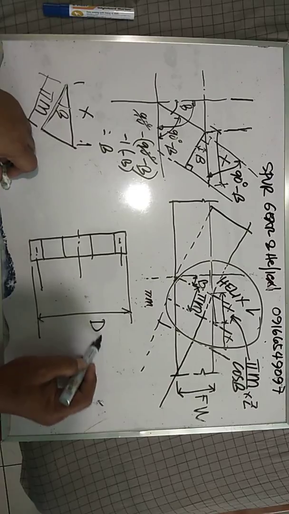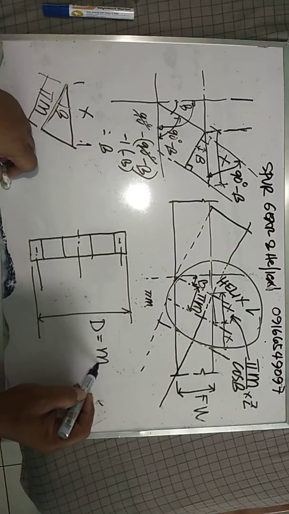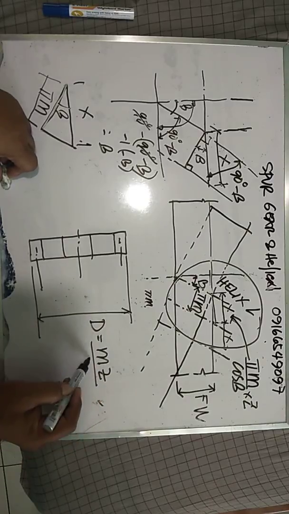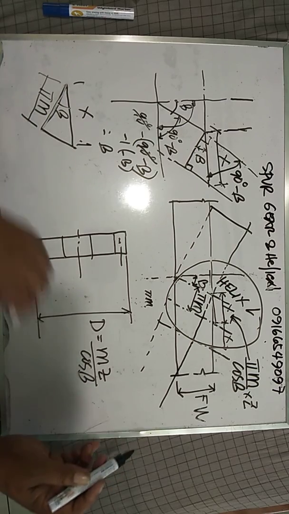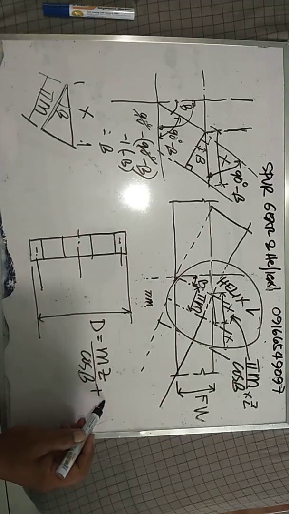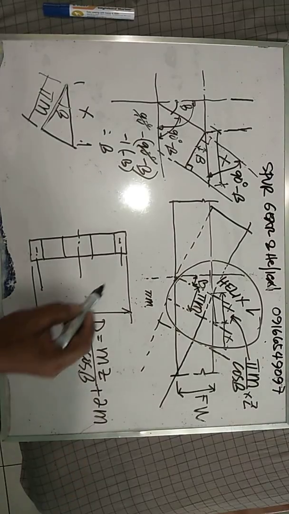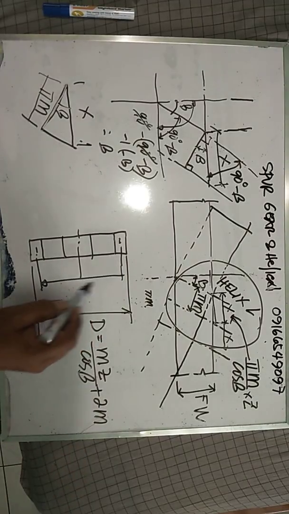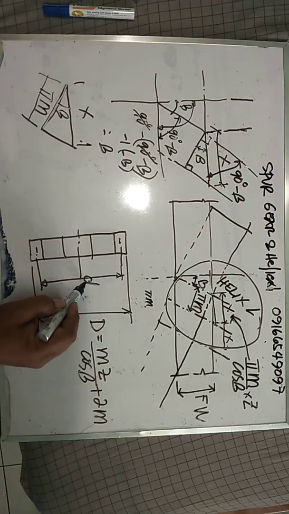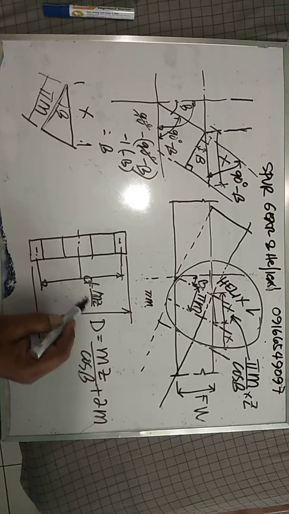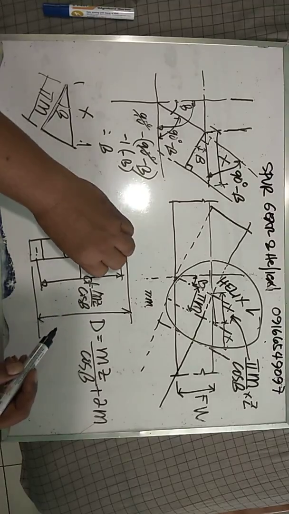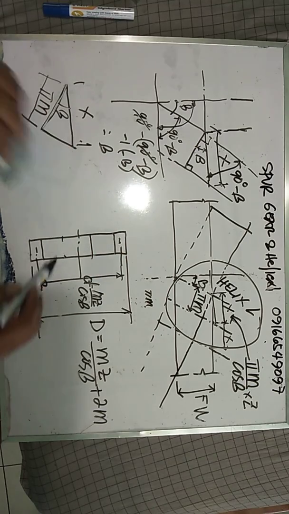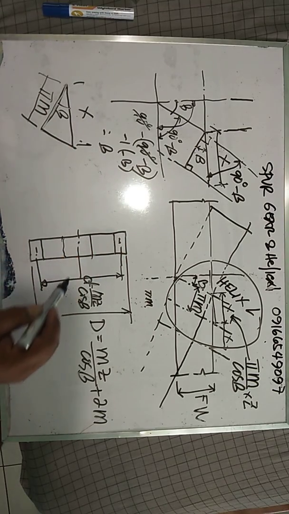Outside diameter big D is equal to module times the number of teeth over cosine of helix beta, plus 2 times module. Simply the pitch circle diameter, you have to indicate this one. This is equal to mz over cosine beta. And the direction of tip, you must emphasize.